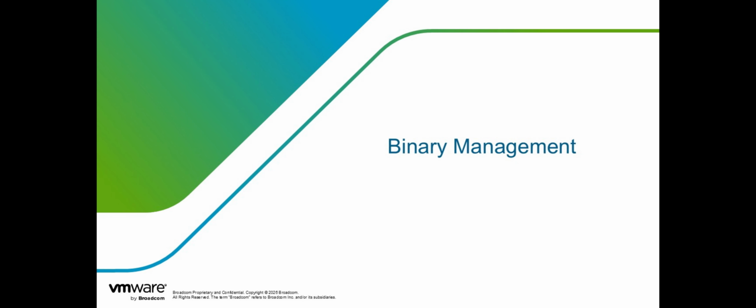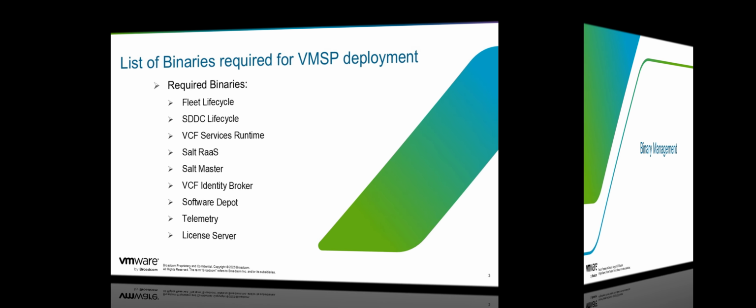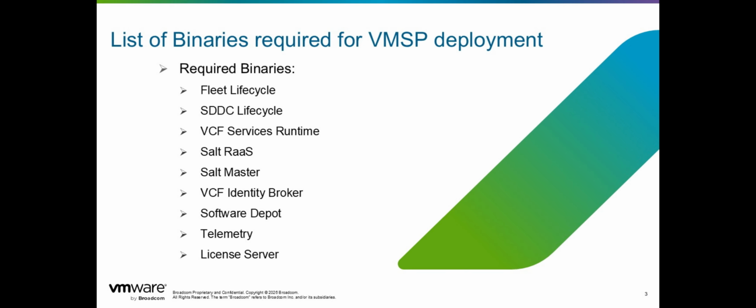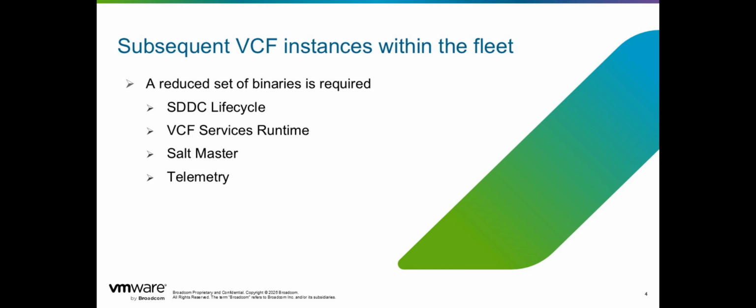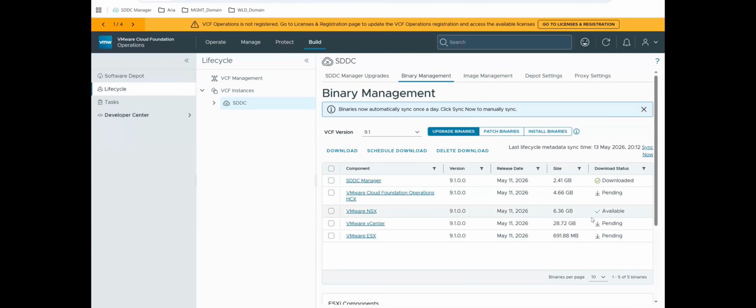Starting with VCF 9, you perform components lifecycle management by using the VCF Operations UI. You download the required binaries for core and management components to the following VCF components: VCF Operations, Fleet Management, and SDDC Manager.